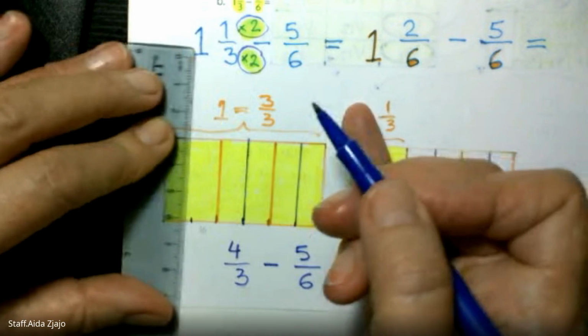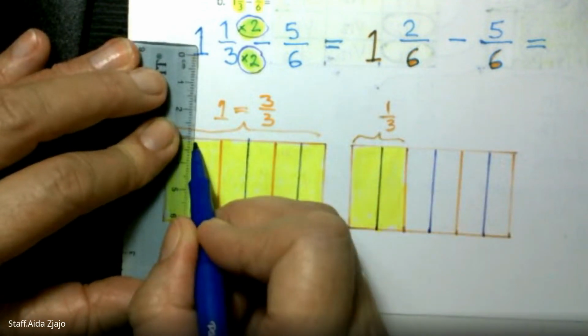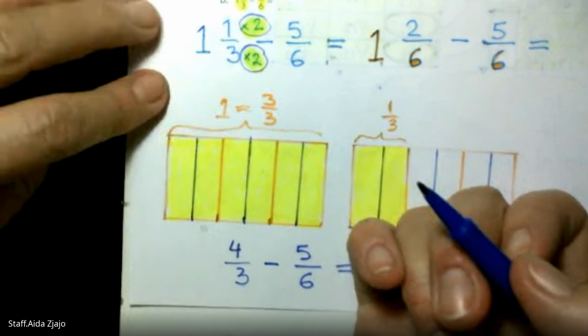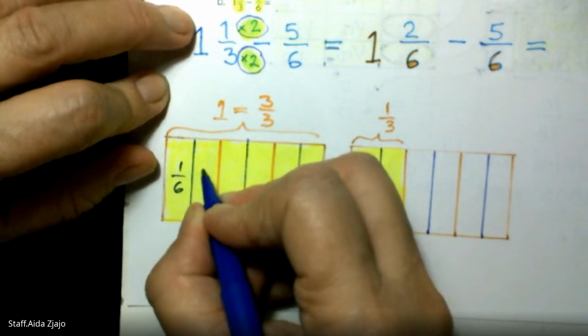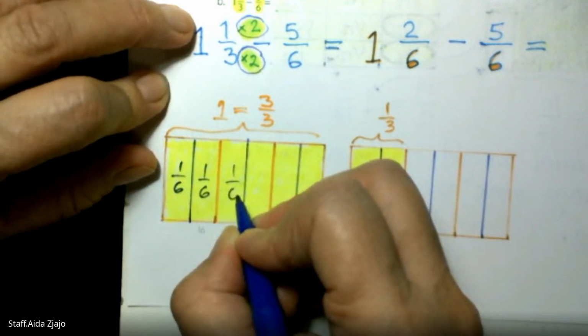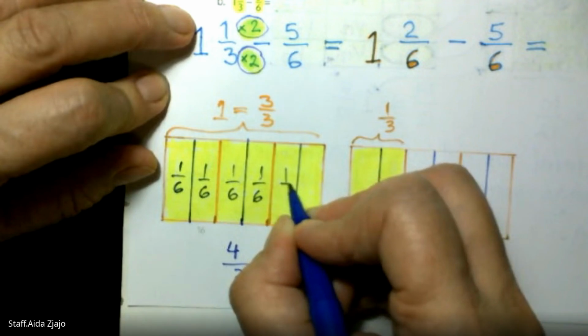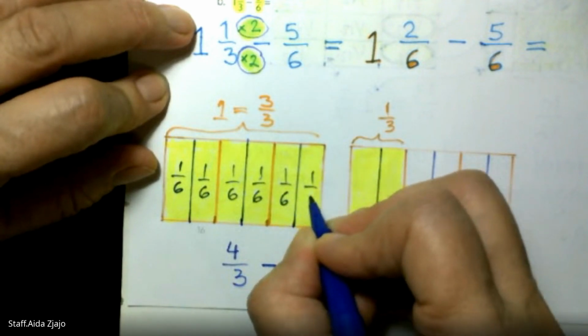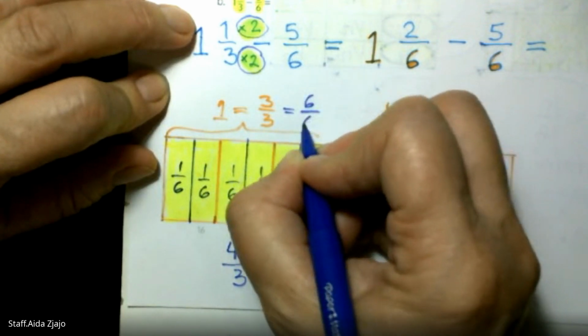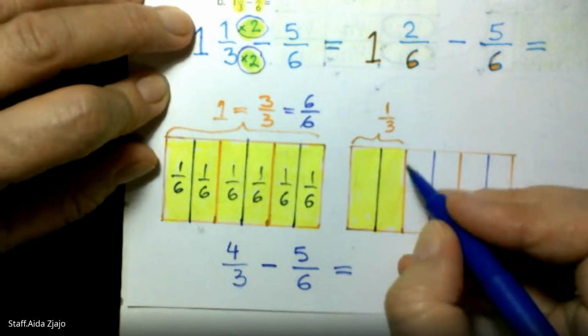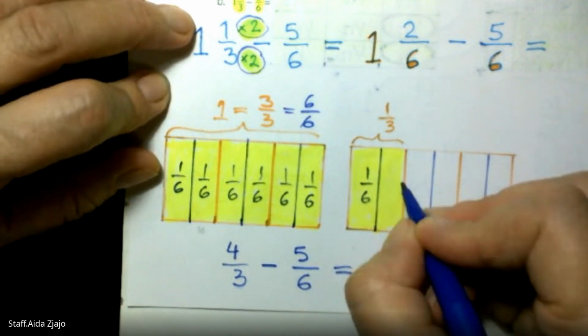I can label them. So my pieces are equal. Each piece is 1/6. The whole has 6/6. That equals 6/6. And then 1/3 is 2/6.